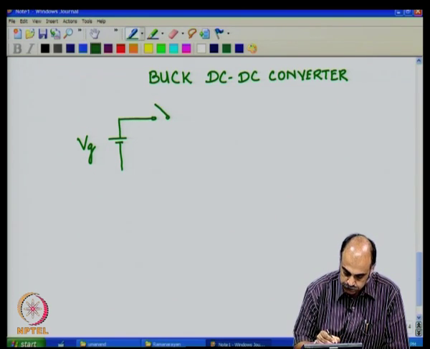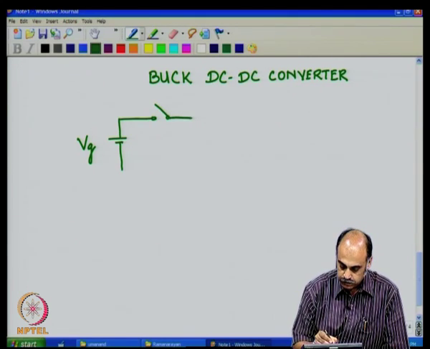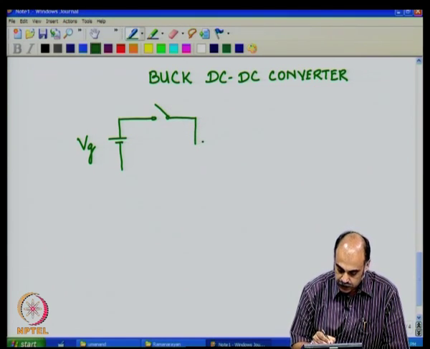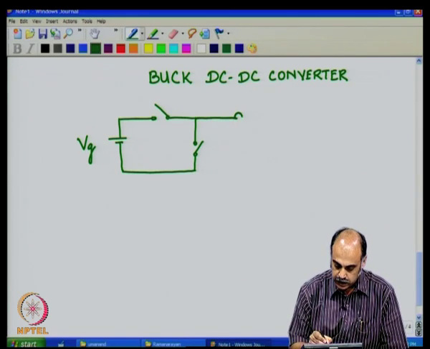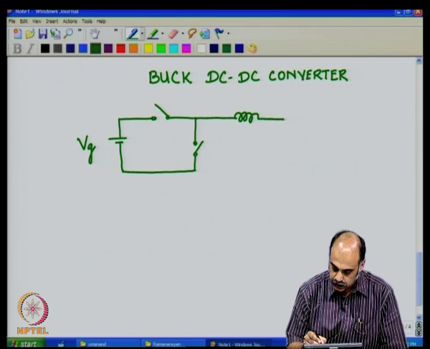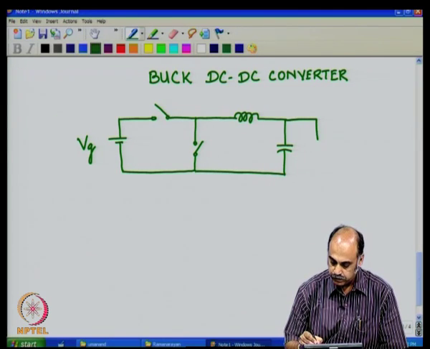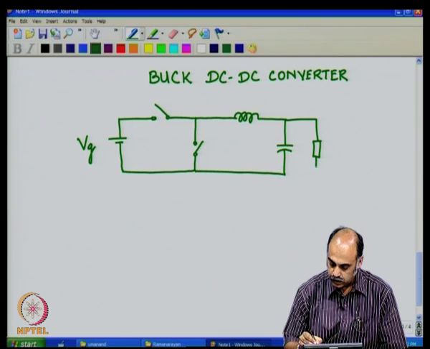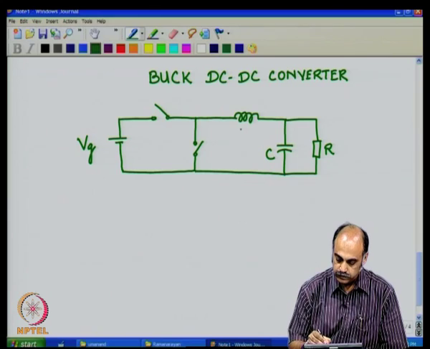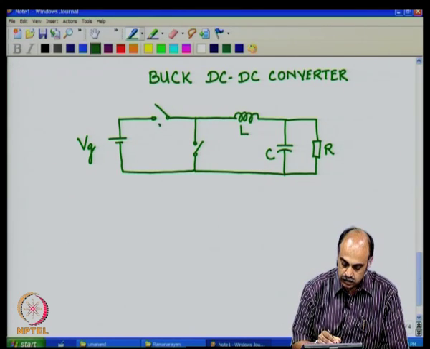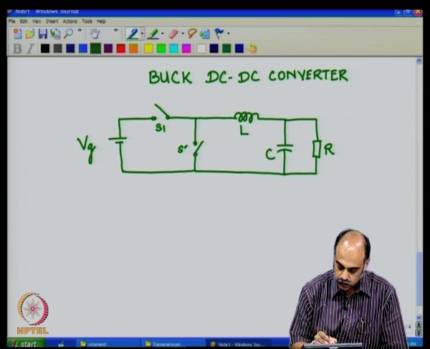There is one switch and another in a fashion as shown here, followed by an inductor and C filter, LC filter, which is the averaging network, and of course, the load R. C, L, switch 1, switch 2.